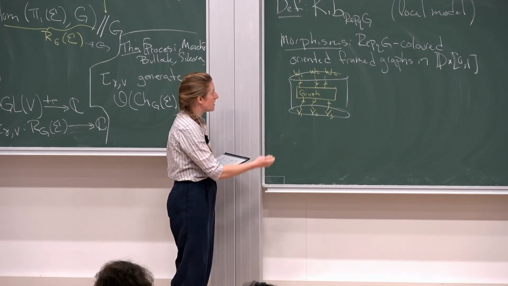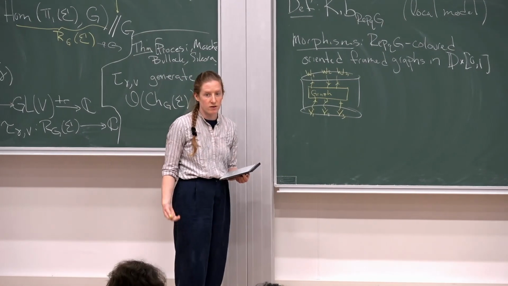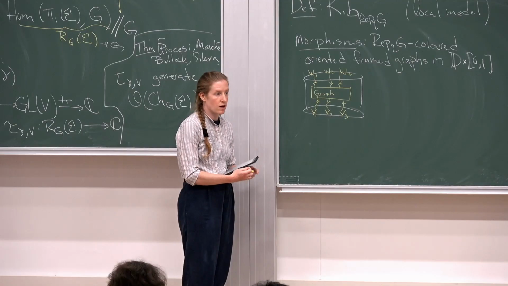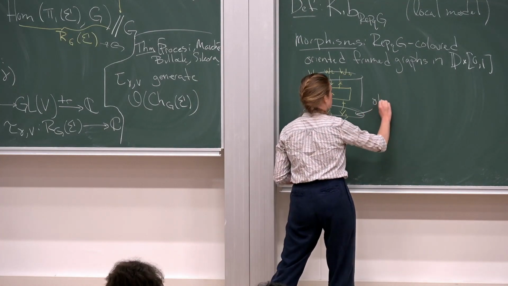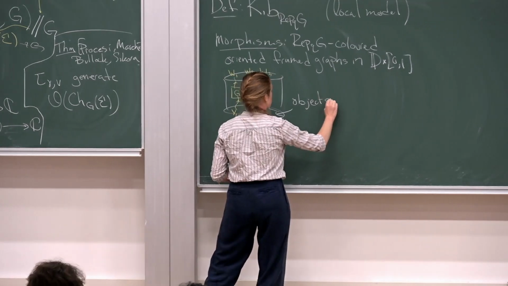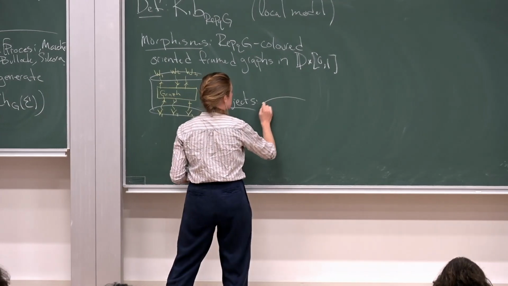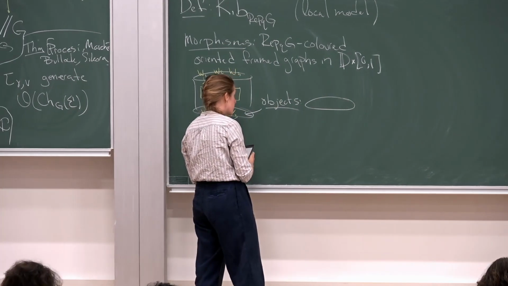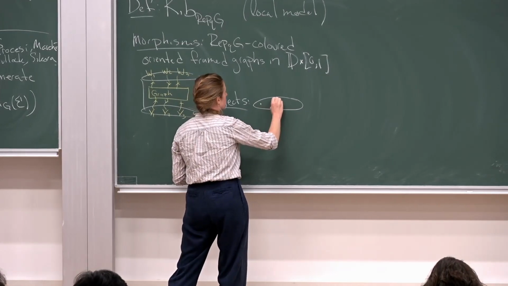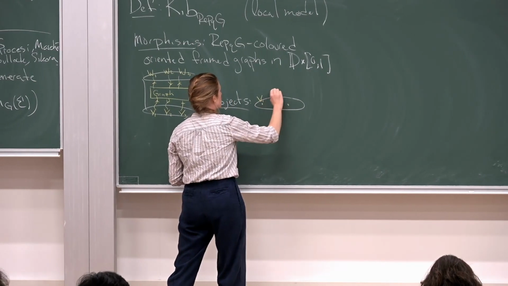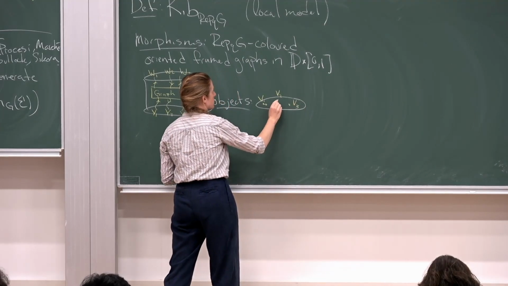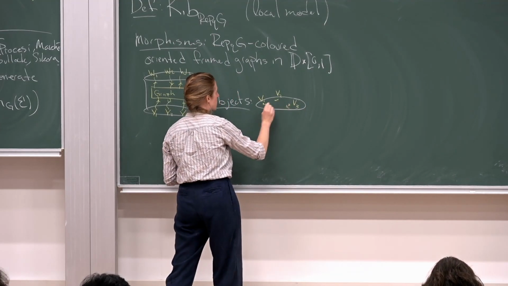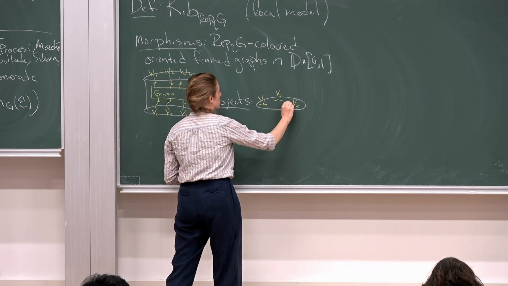So I have that, and then if I have a category, it also has to have objects, right? So what are the objects of my category going to be? My objects are going to be these things. I will take some disk, and I'll put a bunch of colored points. Each one will be labeled, and it will have a framing, which here on the surface will just look like some arrow, and it will be signed like that.